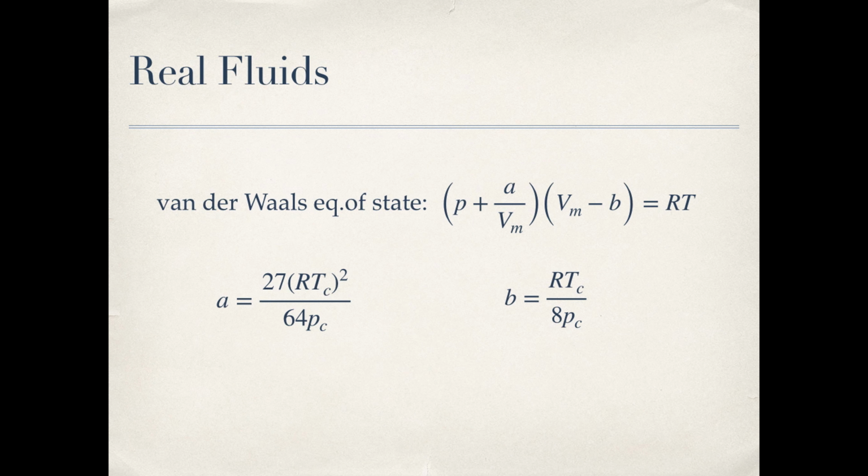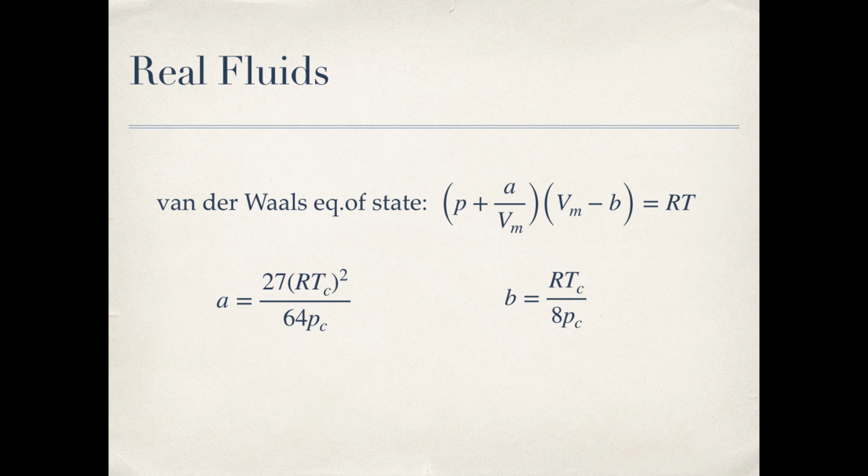So in order to describe real liquids with such a complicated phase diagram as I have shown you, you need a more complicated equation than the ideal equation of state, and that is the already mentioned van der Waals equation. The van der Waals equation has this form, and these coefficients A and B differ from the ideal one: if they are both equal to 0, that equation automatically becomes the ideal gas equation.